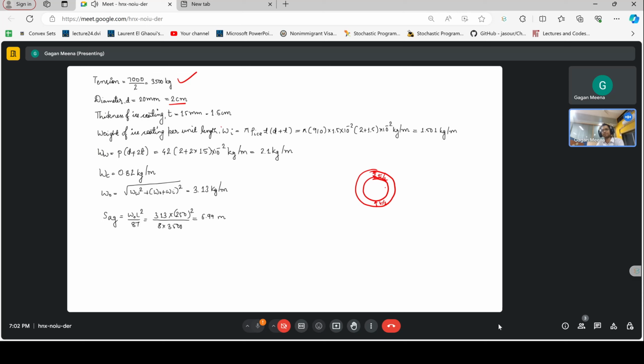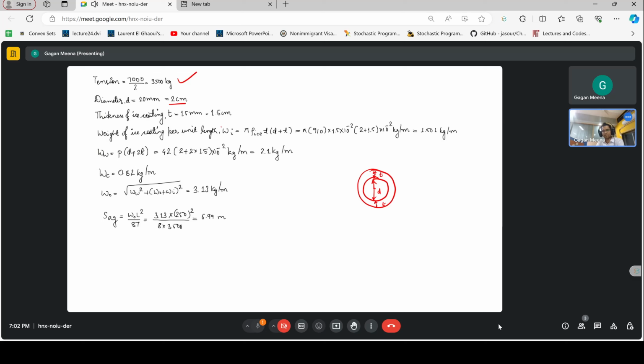So wind pressure is 42 kg per meter square. So the area we have to take per unit length, so only this length is covered.